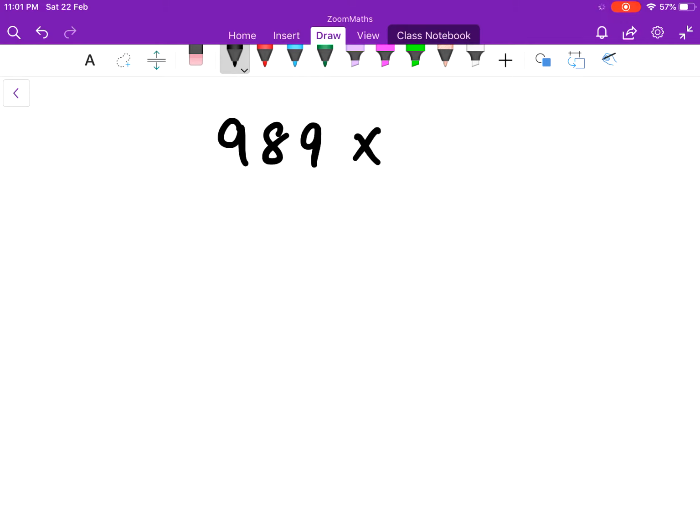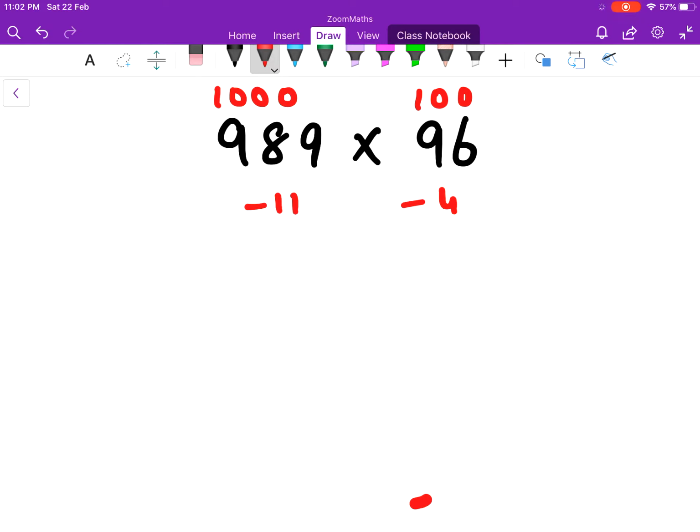989 into 96. Again, two bases, 1000 and 100. What are the deviations? Deviations are -11 and -4. Then you find the ratio. Ratio is equal to 1000 by 100, so always the greater number on top and the lower base on the bottom. That's 10.